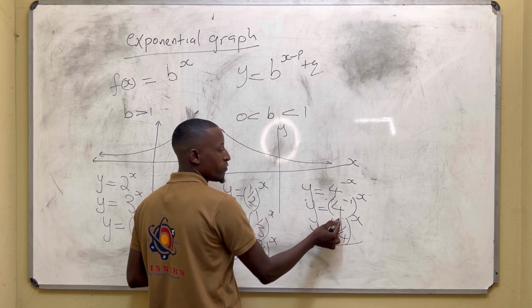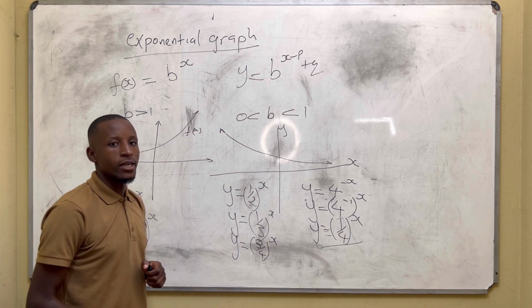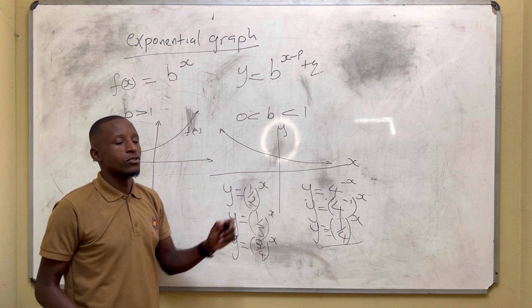You see that the value of b is between 0 and 1, so they can give it to you that way.